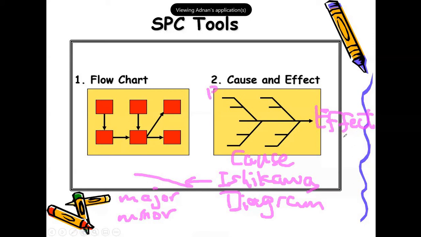Maybe high defects, a high rejection rate because of people or workers. You may also have a category, maybe machine. These are major categories. Maybe material, another category. Maybe another is system or environment.